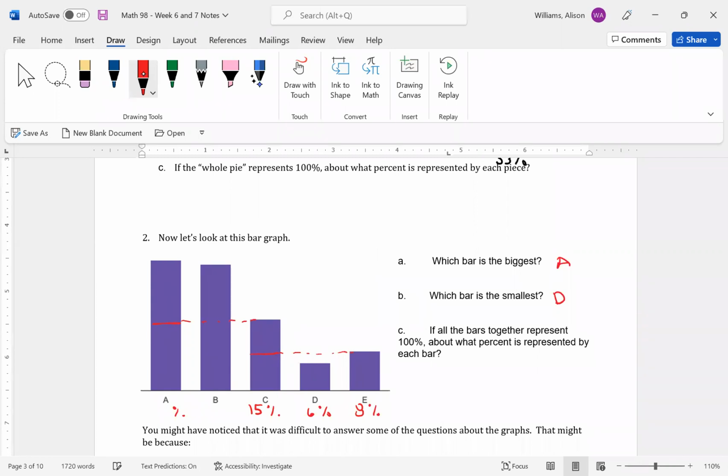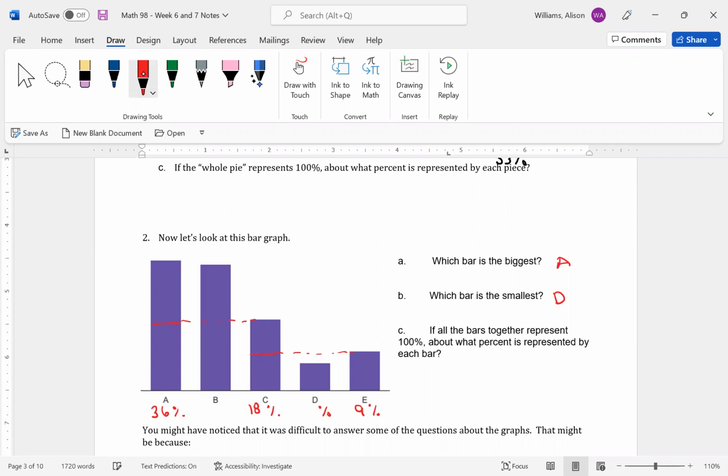Okay, so let's do 36%. I'm picking a nice even number so that I can cut it in half. So that means C would be 18%. Half of that is 9%. And then here, let's just see where that is before I figure out D. Okay, so 36 plus 18 plus 9 gets me to 63%.